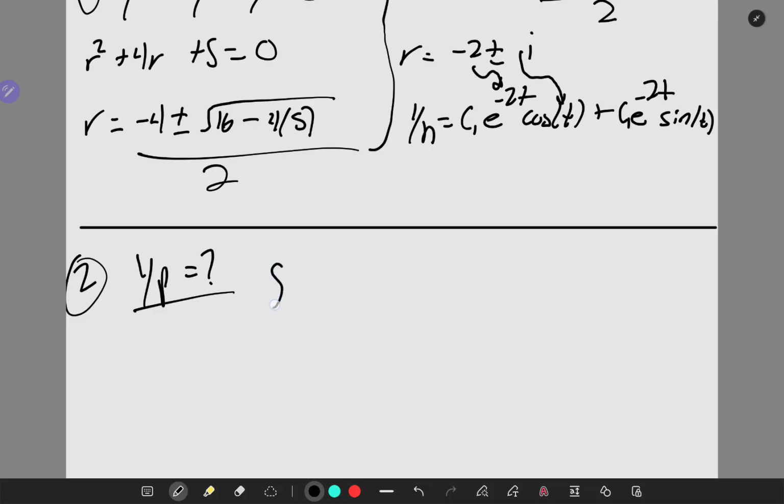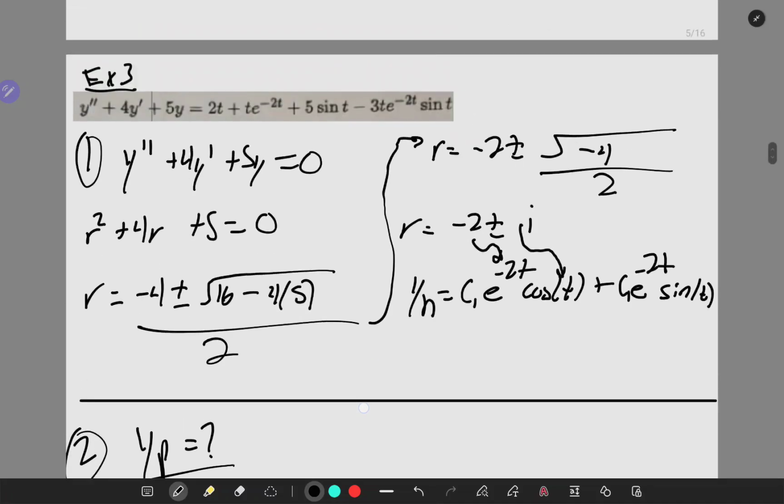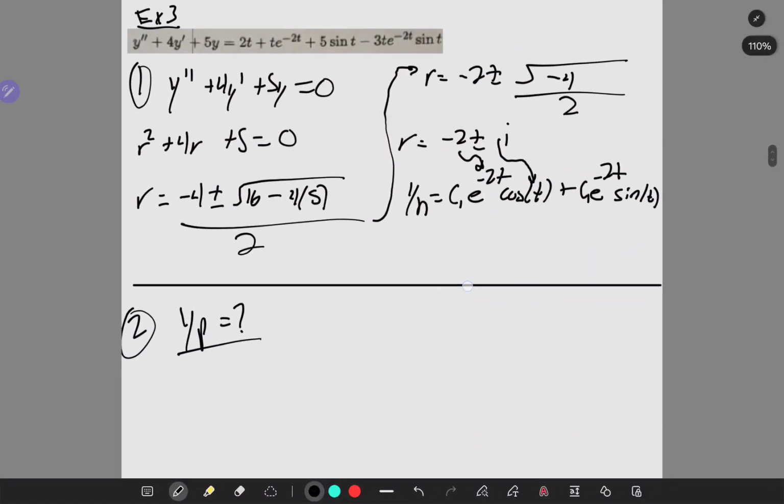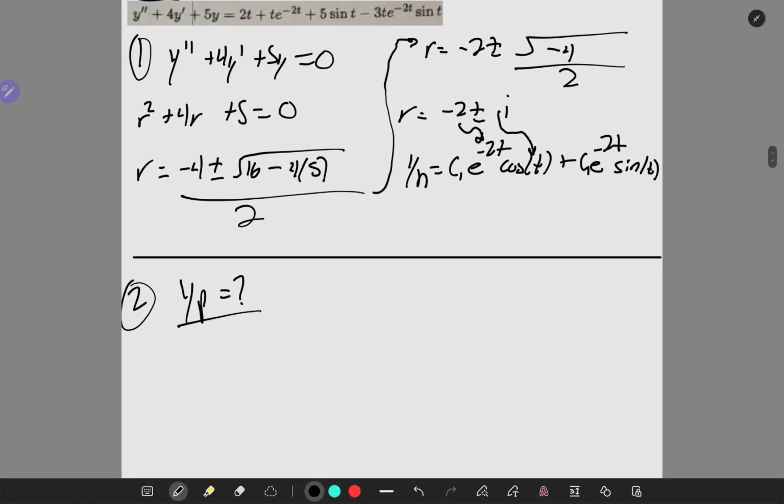So, our g of t is very long for this one. I'm just going to go ahead and zoom out so we can see it up here. So, y sub p would be, so we have 2t. Now, that's a first degree polynomial right there. So that would be a plus a1 t.